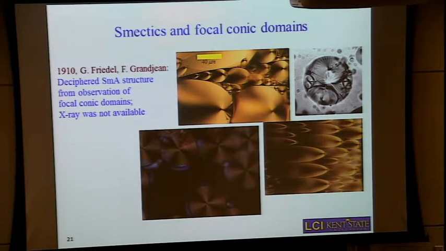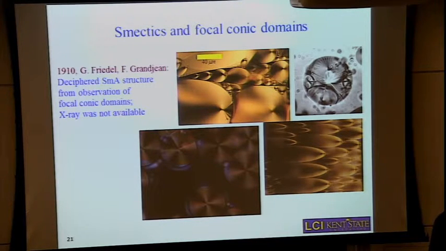So it's amazing that the structure that you just saw, of one-dimensional periodic ordering of molecules that are all looking into the same direction, was correctly predicted or correctly stated well before the X-ray was even invented.